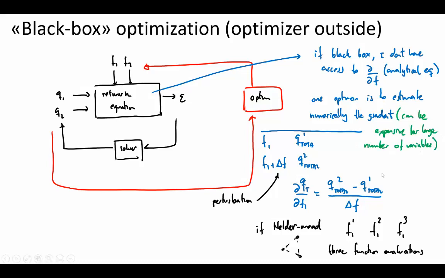Or I can use another method which is derivative free, that depends simply on evaluation of the function. So if this optimizer depends on evaluating the function, I evaluate with, for example, 3 frequencies, and then I'm able to progress to the next iteration.